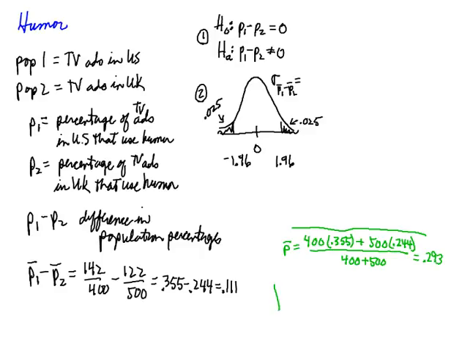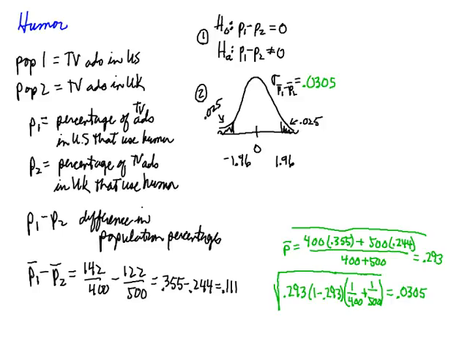Now I'm going to plug that into my standard error formula, and I get 0.0305. So that is the number I need in my hypothesis test.